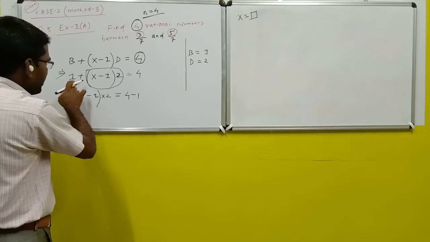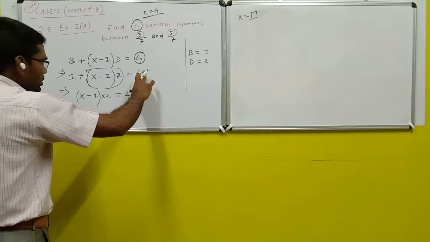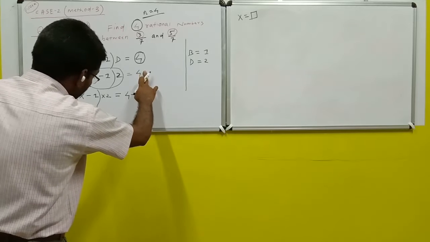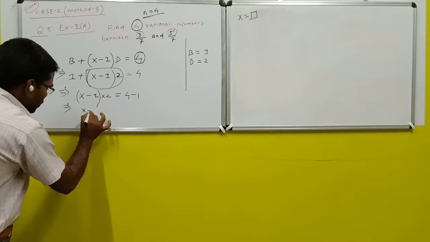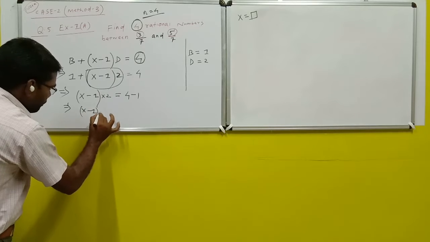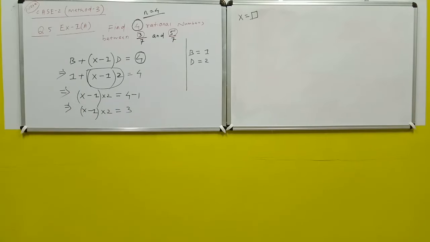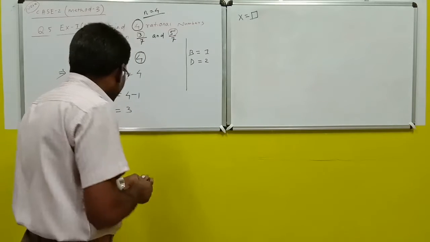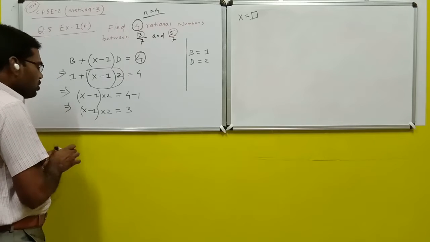Yes, 1 will be transferred to the RHS and will be subtracted from 4. Now x minus 1 into 2 equal to 3. So students, look here. Already you have got x minus 1 into 2 equal to 3.